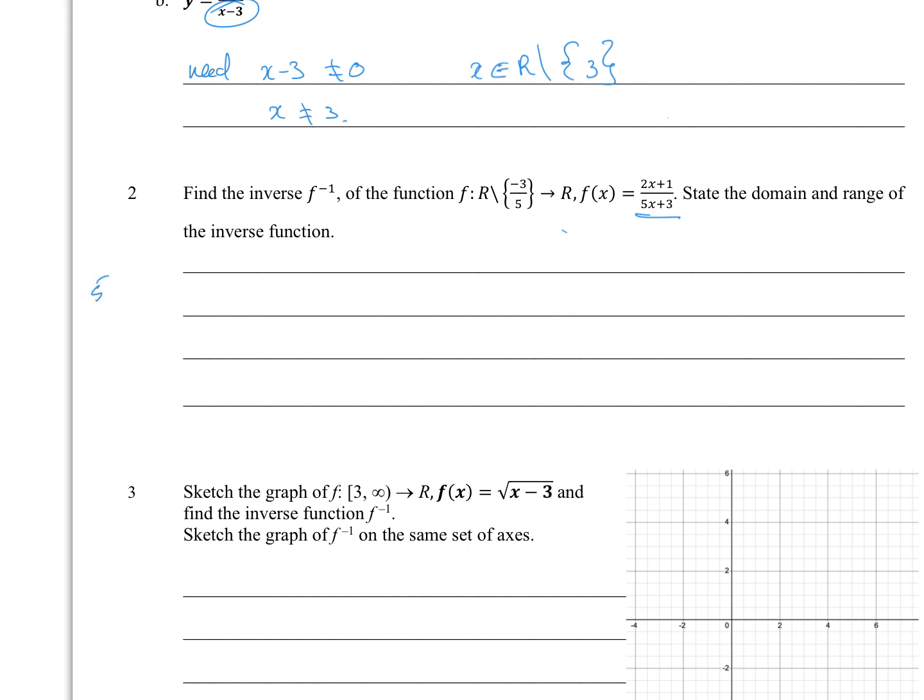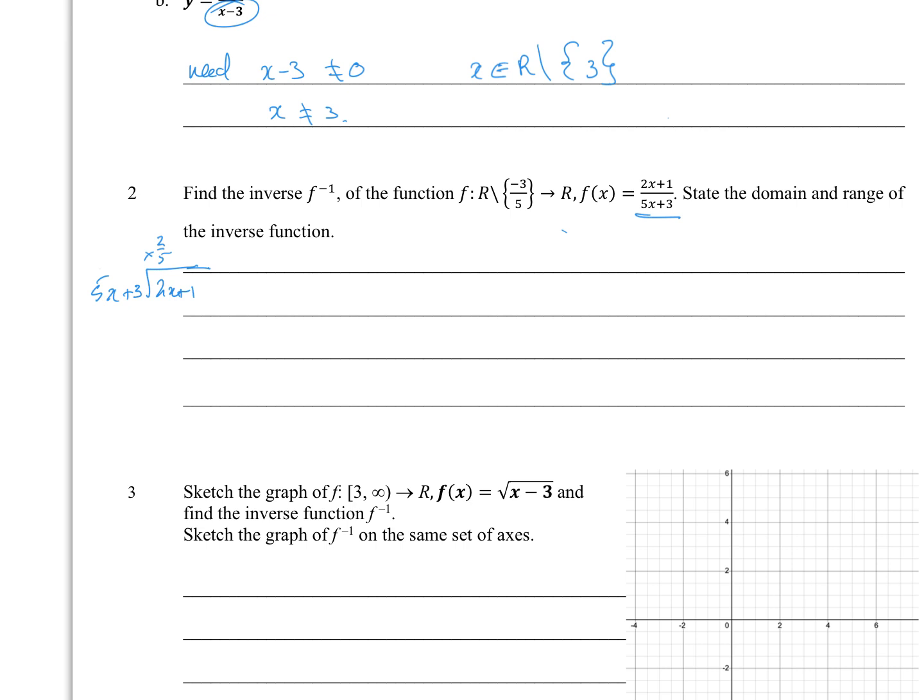I'm going to need 5x plus 3 to go into 2x plus 1, so I need 5 to go into the 2. What do I multiply the 5 by to get 2? If I multiply by 2/5, yeah?